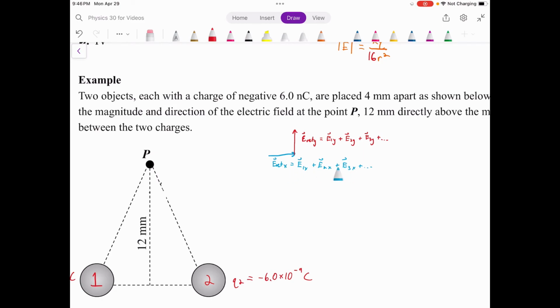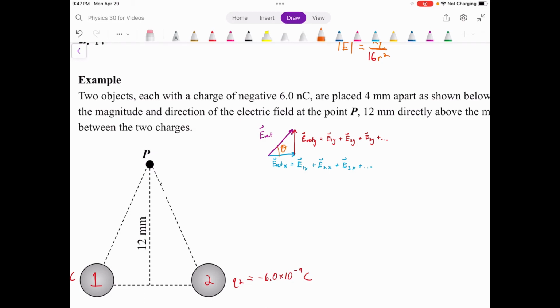Now, obviously, this isn't specific to this one we're dealing with, but this is the same general idea, right? Then we find the net Y component of the electric field at a given location by adding up the Y components of every electric field that is at that location, from each object. And then once we've got those two, we can use Pythagorean theorem to find the net electric field itself. And finally, some trigonometry to get its direction, right?